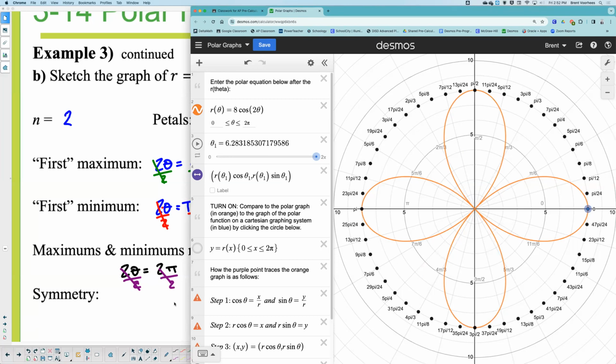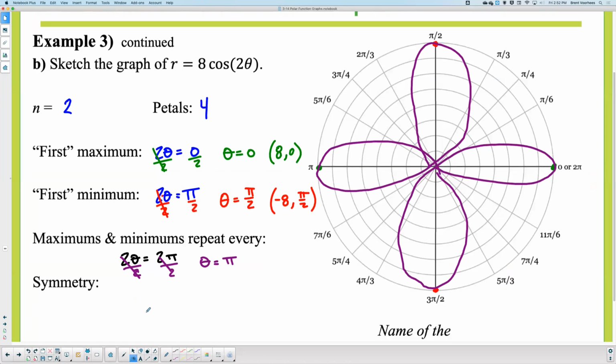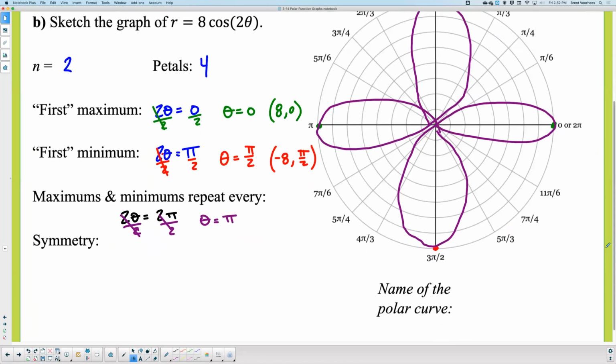You can use that. What type of symmetry does this graph have when you look at it? Does it have polar axis? Does it have theta equals pi over 2? And what about the origin? It would be all three symmetric. What's the name of this graph, by the way? This is a rose.